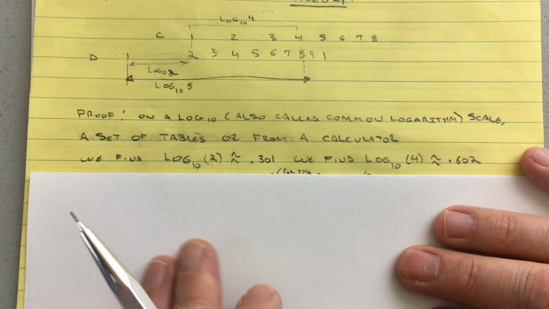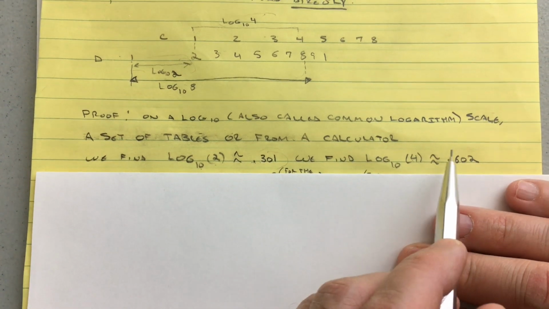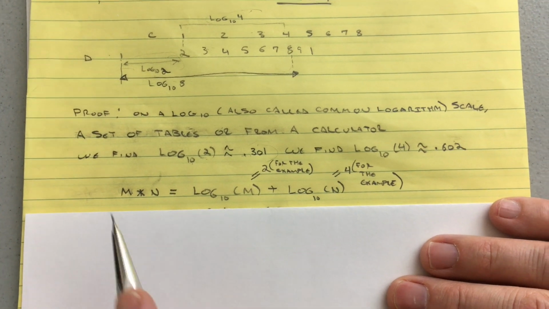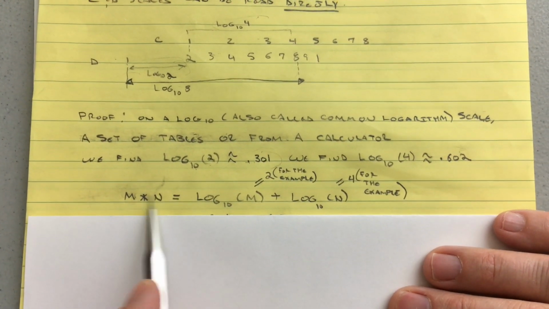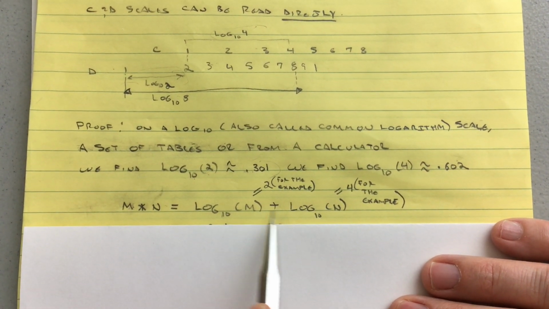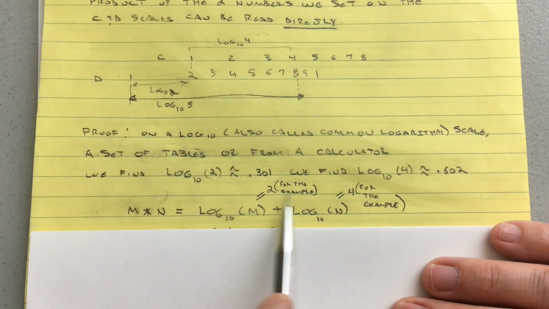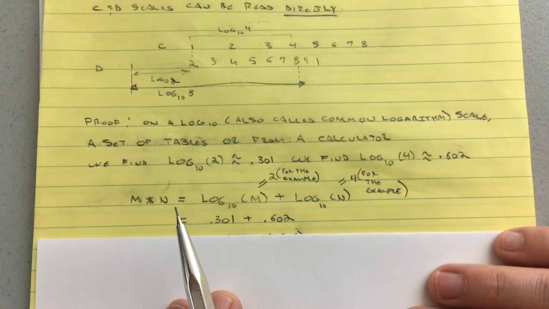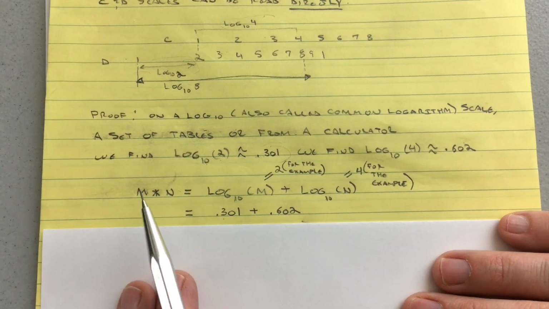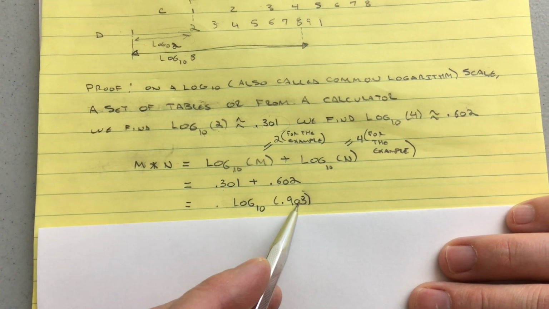And since I'm doing multiplication, I'm going to add this value of 0.301 to that value of 0.602. So m times n, these are simply two factors, is going to be log base 10 of m plus log base 10 of n. So in this example, it's log of 2 plus log of 4, which is 0.301 plus 0.602, and that yields a value, log base 10, of 0.903.